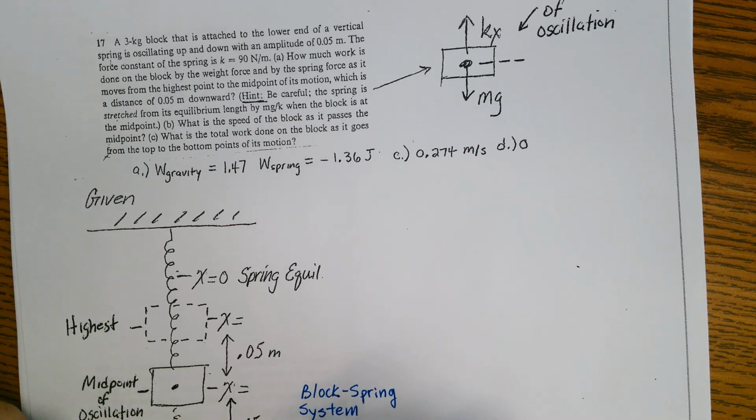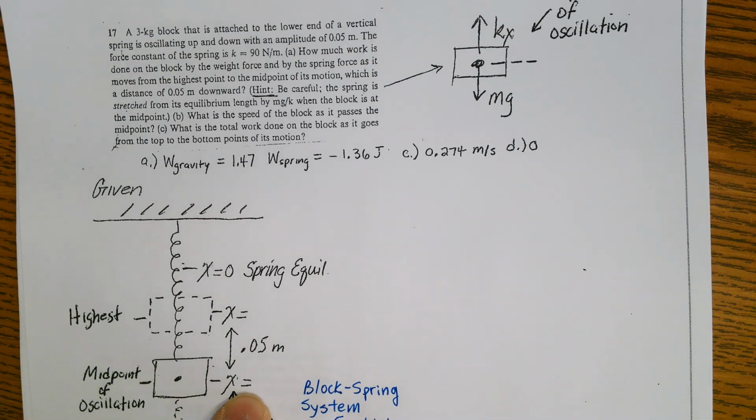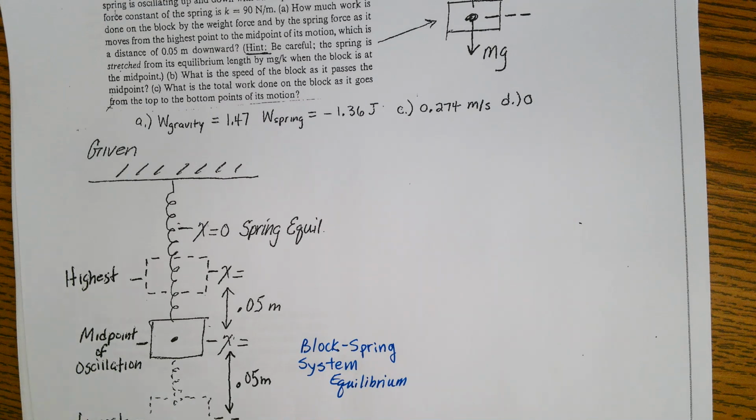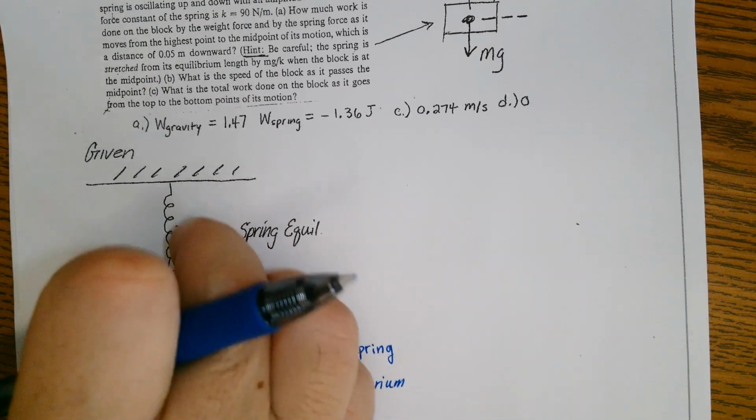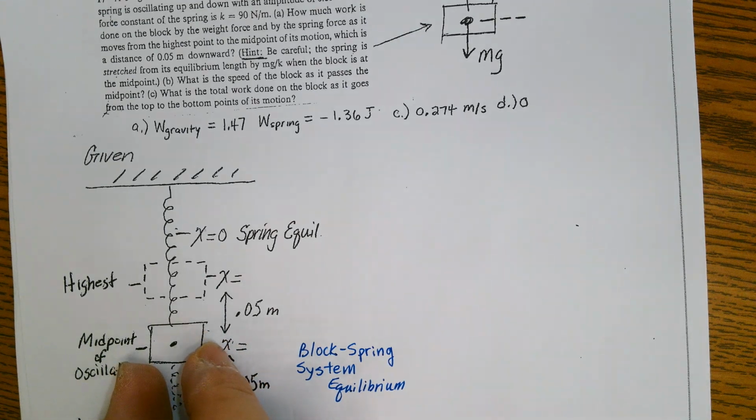So this position right here is the block spring system's equilibrium. When I place this 3 kilogram block on it, it's going to stretch down to this position.